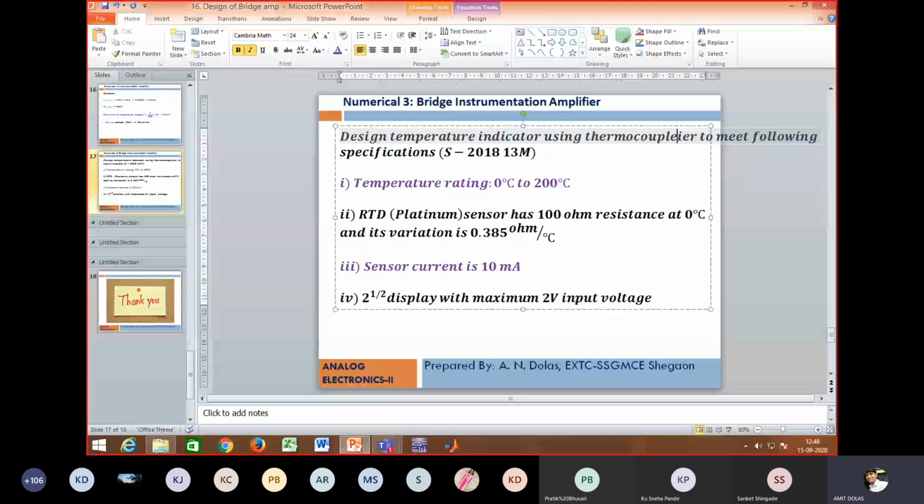So the specification given is temperature range is 0 to 200 degree, instead of 200 it is 100. 0 to 100 degree centigrade. Please note it down.